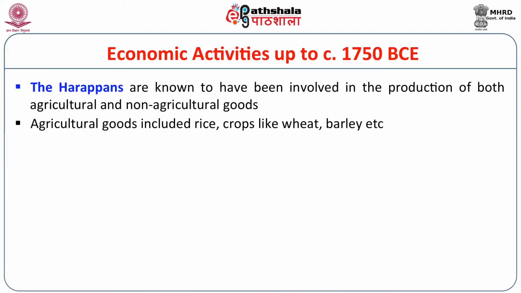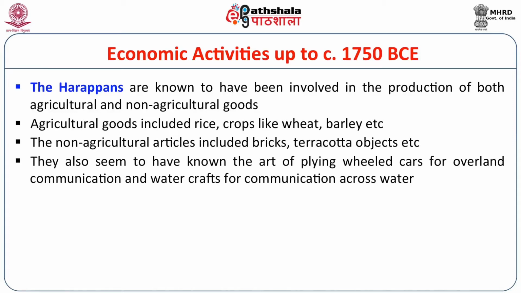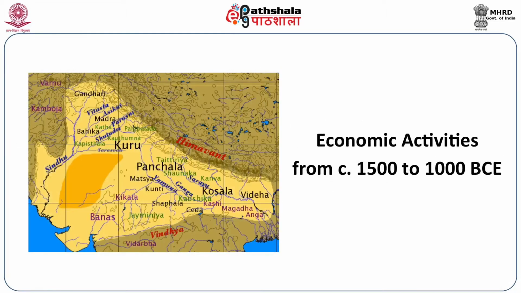Agricultural goods included crops like wheat, barley, etc. Non-agricultural articles included bricks, terracotta objects, etc. They also seem to have known the art of plying wheeled carts for overland communication and watercrafts for communication across water.